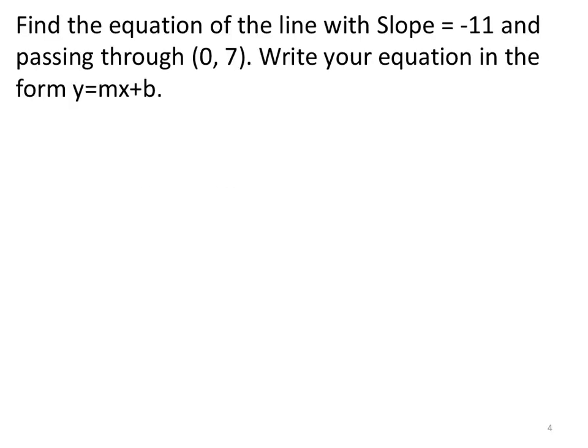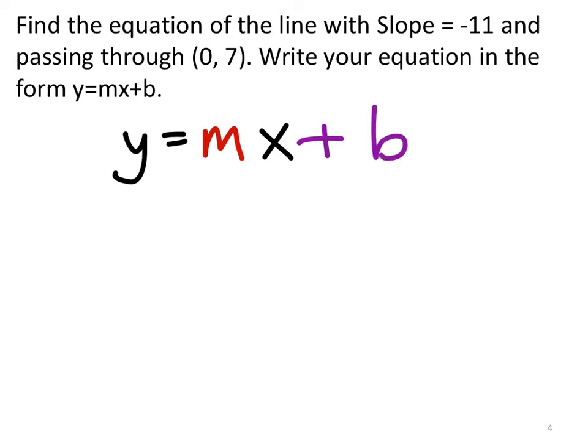Find the equation of the line with the slope of -11 and passing through the point (0, 7). Well, we know the form of the line is y equals m, which is the slope, times x, and then we'll add in the y-intercept. They told us the slope was -11, so we can replace that right now as -11.